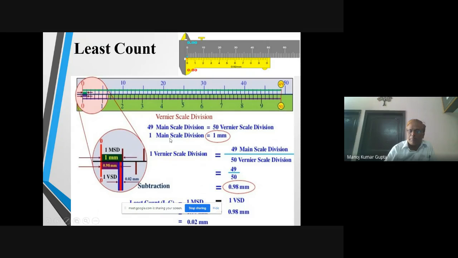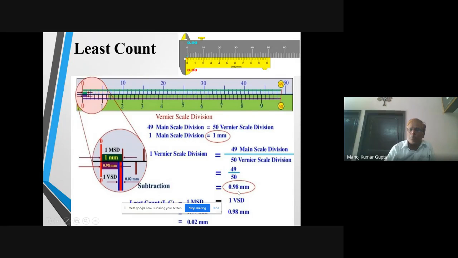One main scale division is equal to 1 millimeter on the upside. So one vernier scale division will be equal to 49 by 50. So least count is 1 MSD minus 1 VSD. You can divide 49 by 50.